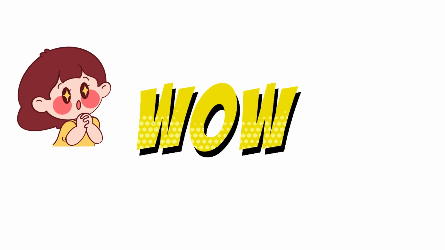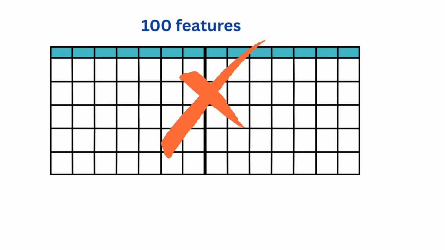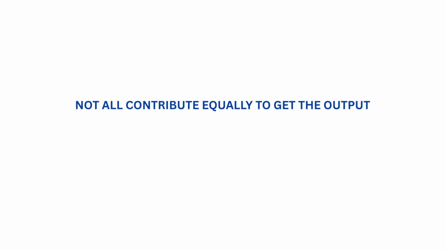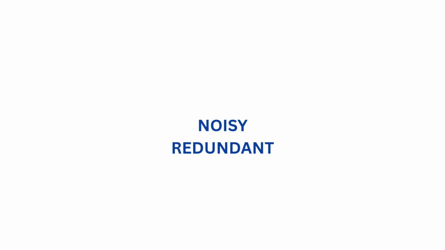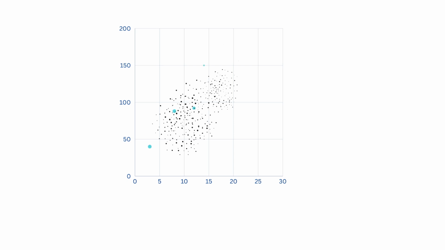Not all features, I said you have 100 features. So are these 100 features contributing equally? No, right? Some features can be noisy, some can be redundant, some are not of much importance.